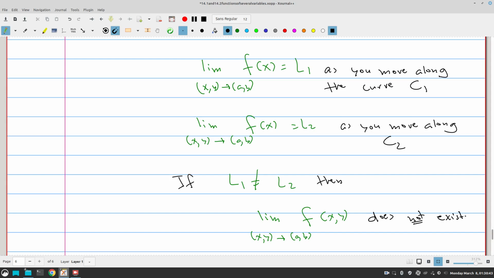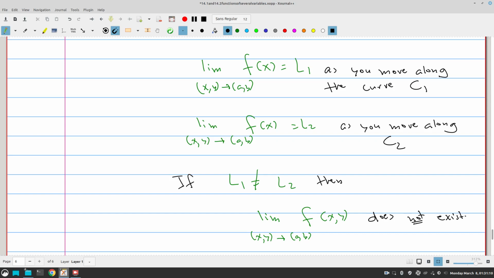So the necessary condition for the limit to exist is that whichever direction you get to the limit point, whichever curve you follow to get to the limit point, the limit has to be the same.